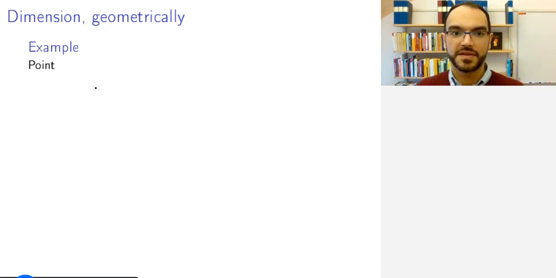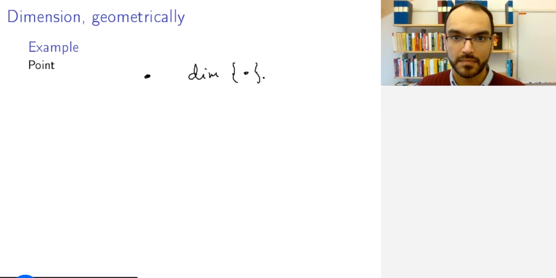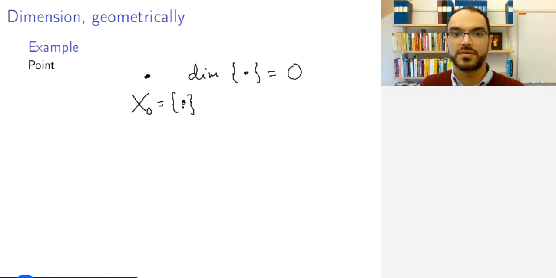If we have a space with one point, then the dimension is 0. This is because in such a chain as we discussed of non-empty, irreducible, closed subspaces, we have to start with x0 being the point, and there is no way to extend this further without exiting the space, so the point has dimension 0.